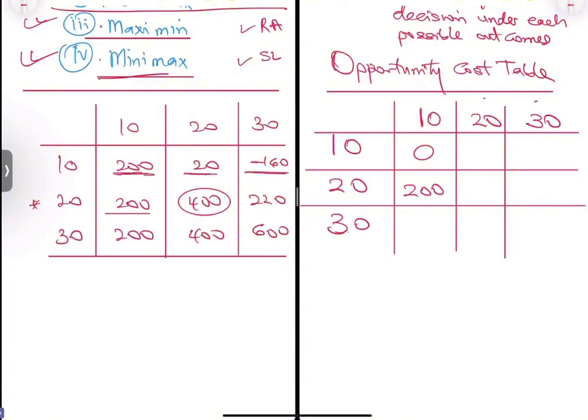If the market is asking for 30 units, do you think we'll regret not buying 20 or not buying 30? What is the best outcome under this scenario if the market is asking for 30? 400, right?